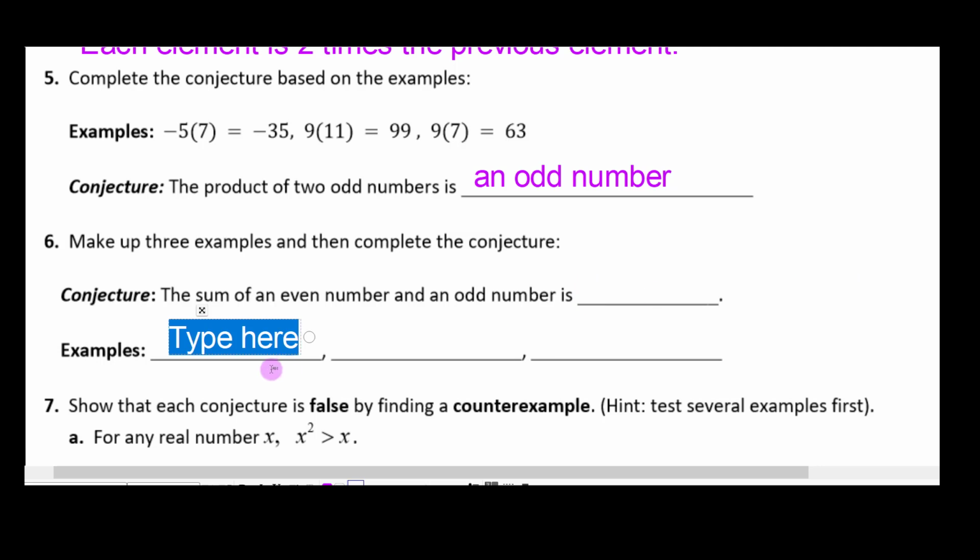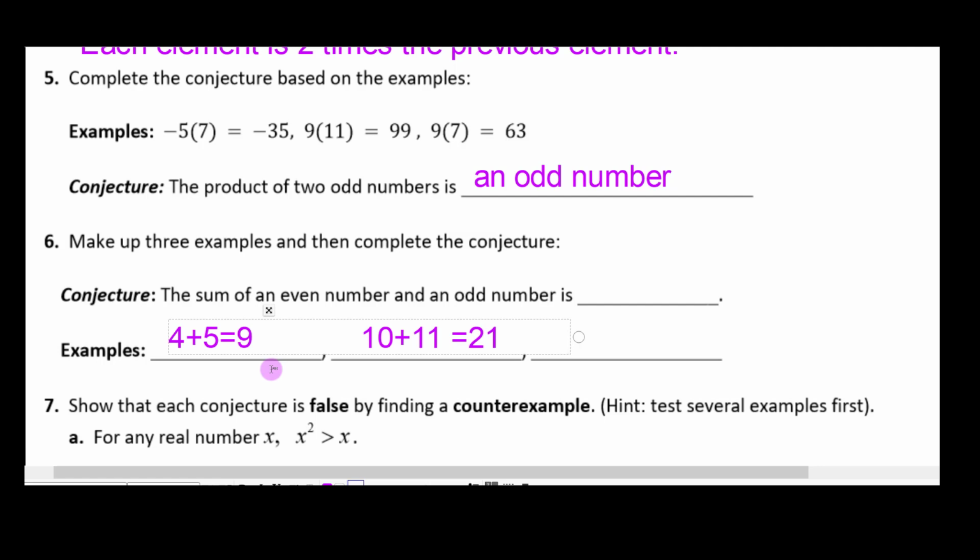So the sum of an even number and an odd number. Let's say I choose 4 as an even number plus 5, the odd number, equals 9. And let's find another one. Let's say I make 10 plus 11 and I get 21.